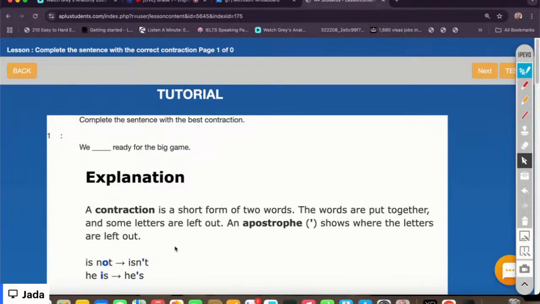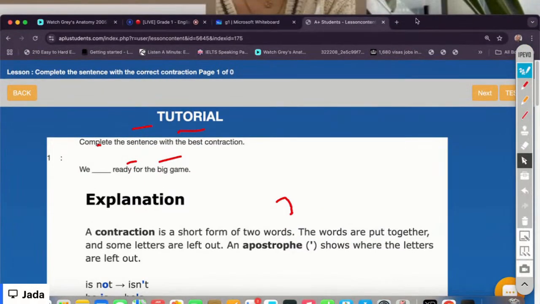Okay. Moving on here, we already know the meaning of the contractions, right? We know that they are short form of two words. So we know that. Now we have to complete the sentence with the best contraction. We dash ready for the big game. So what would be the best contraction here? So let's see.